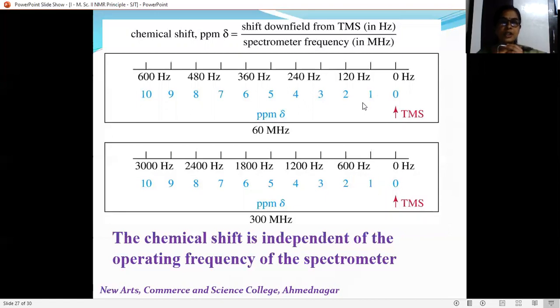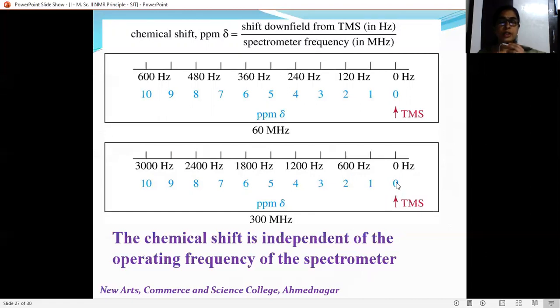This is 60 hertz and this is 300 hertz. So the delta scale is the same for all operating frequencies, but the hertz scale is different for different operating frequencies. So we can say that the chemical shift is independent of the operating frequency of the spectrometer.